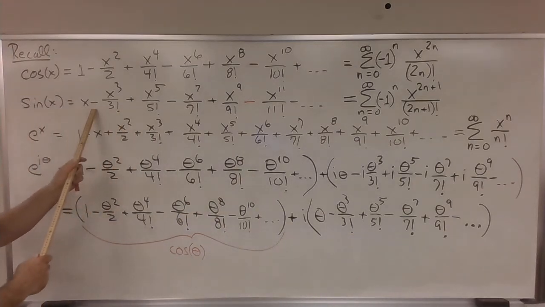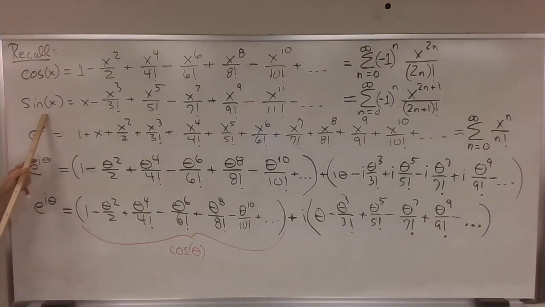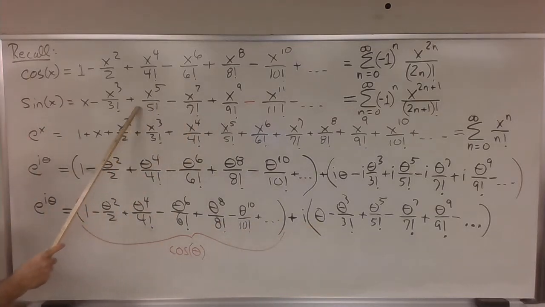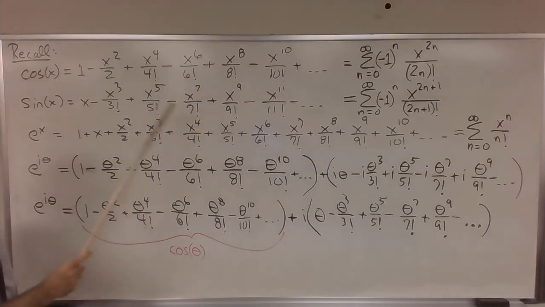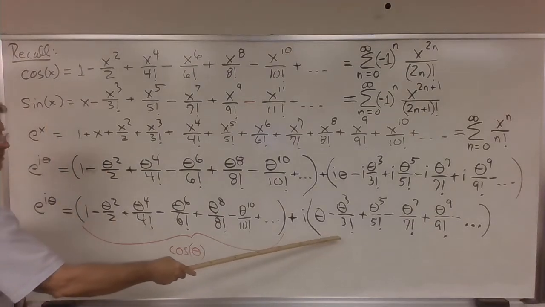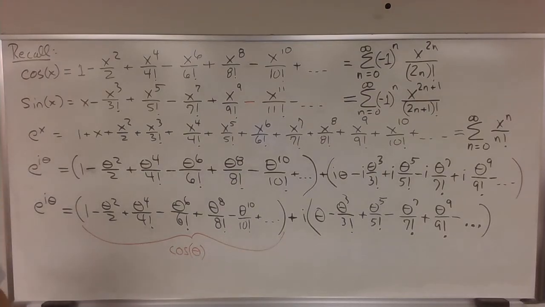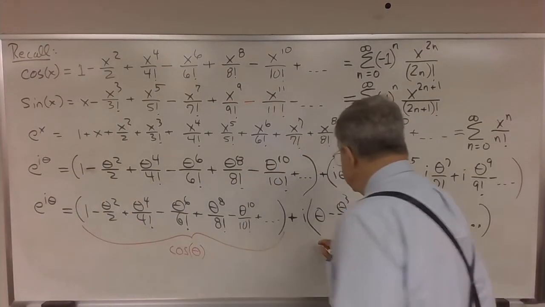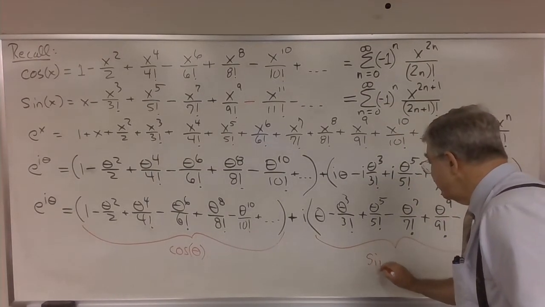And what is this expression? x minus x cubed over 3 factorial, et cetera. This is sine of x. So the expression in the parentheses down here must be sine of theta.